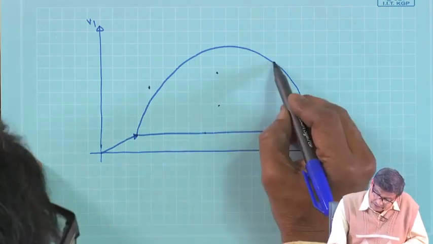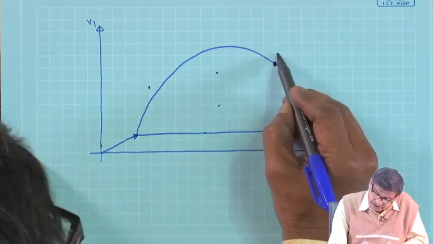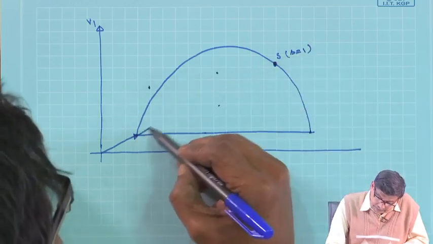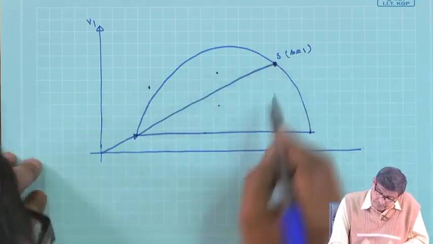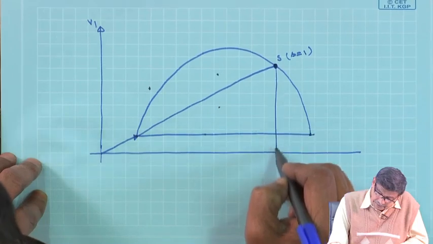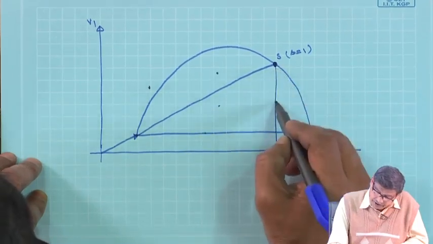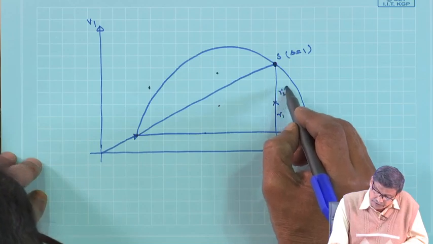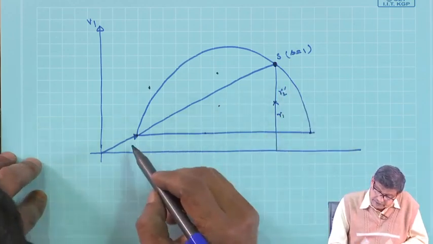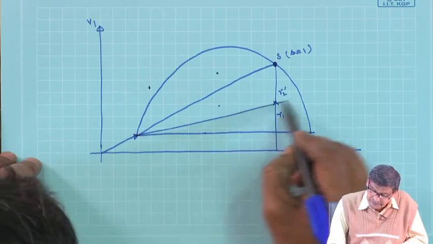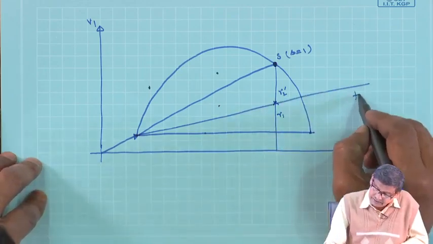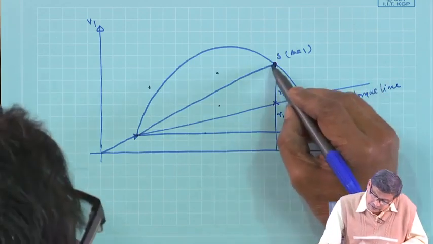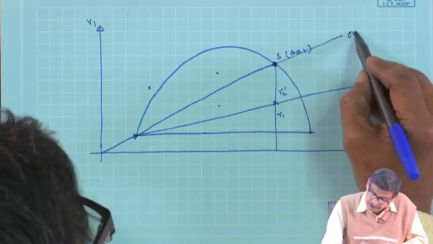These two points are crucial: S equal to 1 point, the standstill point, is here. Drop a line, and do not forget to divide this line in the ratio of R1 is to R2 dashed. Then draw another line, and this is the torque line. I am repeating so that you understand. This is the output line.